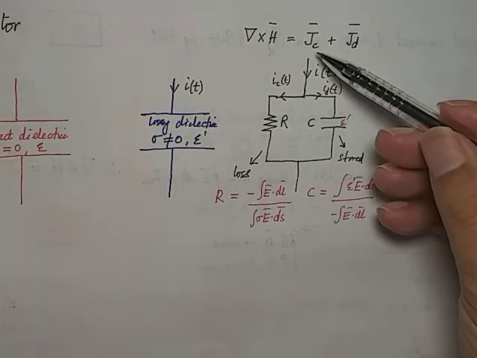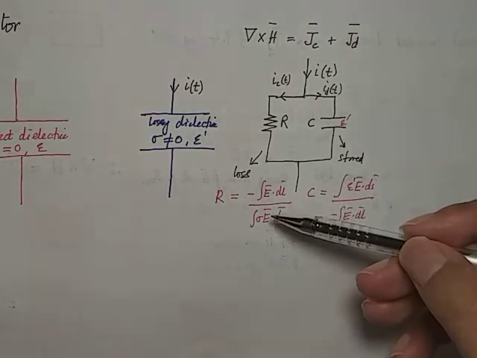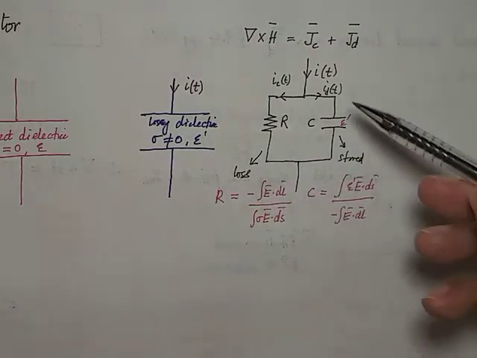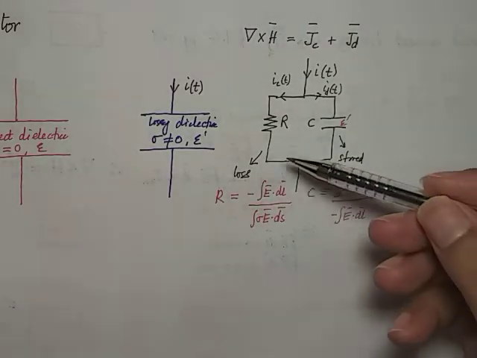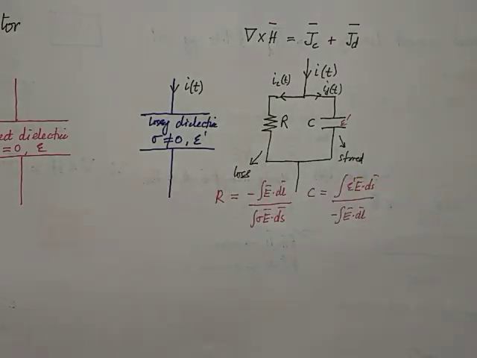So the conduction current and the displacement current, and then we utilize what we have learned before in the static world to determine the resistance and the capacitance, and then you can determine how much energy is lost and how much energy is stored in the lossy capacitor. That should be the first thing that we observe.